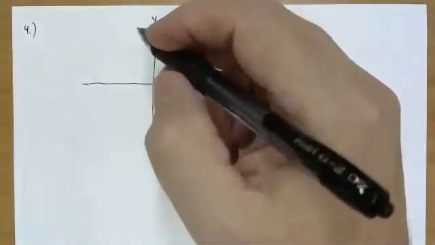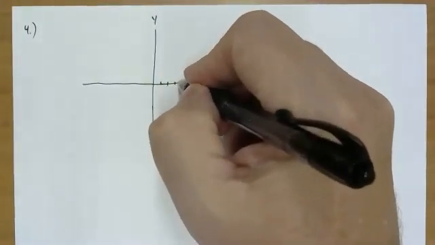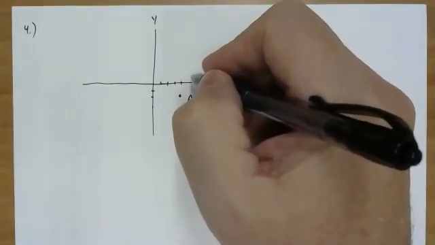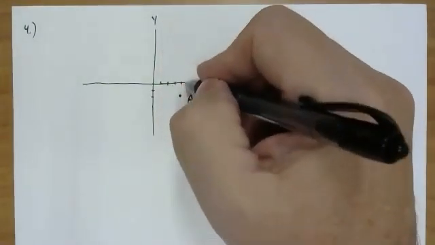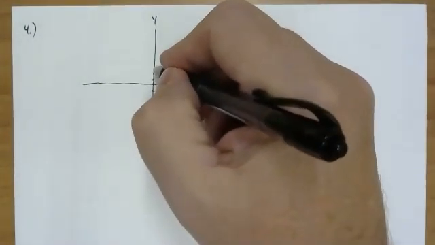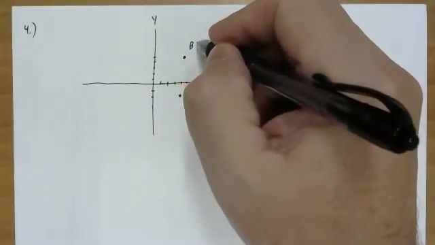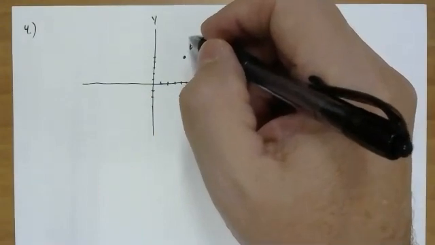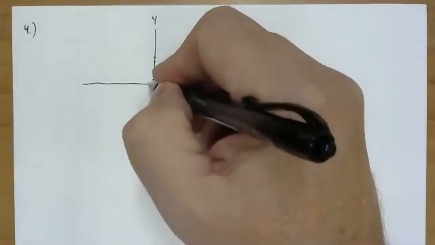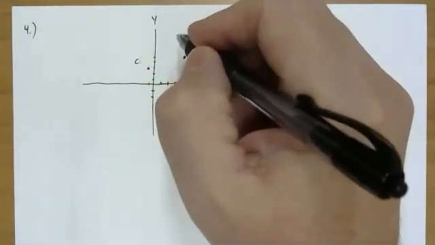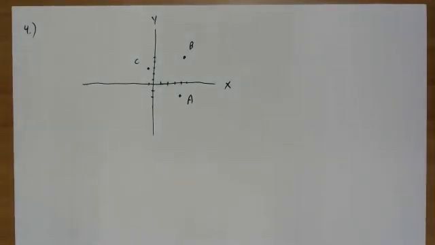So A is 4, -2. B is 5, 5. And C is -1, 3. Which ones of these might be the same length? Looks like they all might be the same.